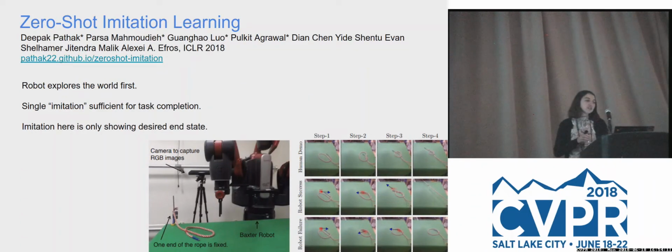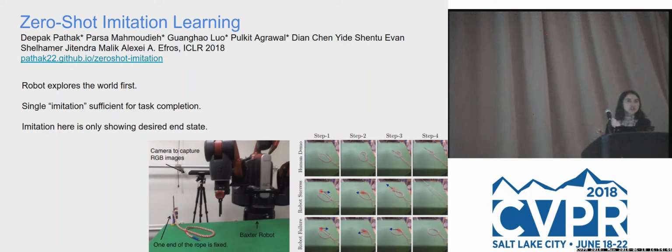Recently, Deepak Pathak, Parsa Mahmoudieh, and Guanghao Ru et al. demonstrated zero-shot imitation learning, which is very interesting to me. Their idea is, and it's actually very common for imitation learning to think of things that way, to first let the robot explore the world, kind of learn representations and stuff like that.